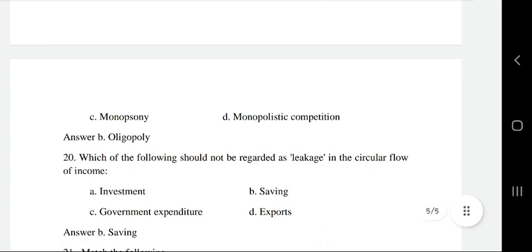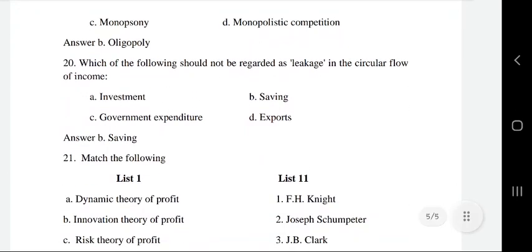Question number 20. Which of the following should not be regarded as leakage in the circular flow of income? Options: investment, saving, government expenditure and exports. Leakage means a non-consumption use of income.